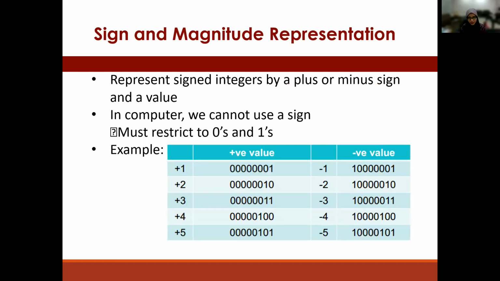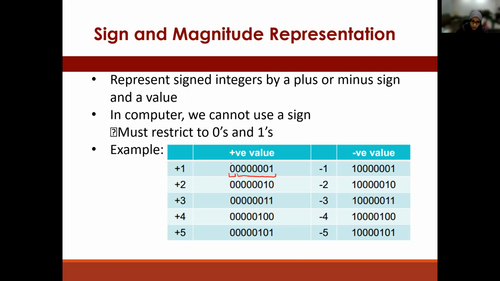For the first representation, the sign and magnitude, if we have positive 1, it must be represented starting with 0, and then the magnitude. So sign and magnitude representation is a sign bit followed by the magnitude.